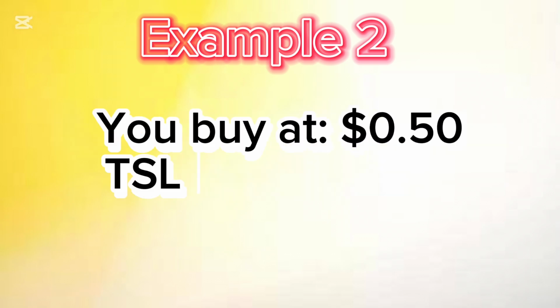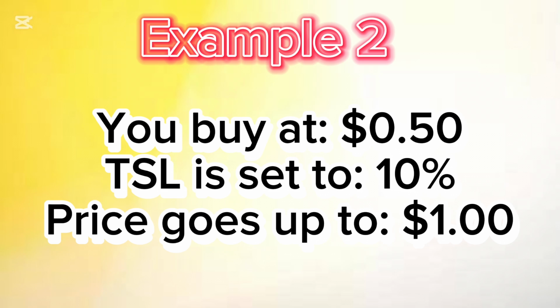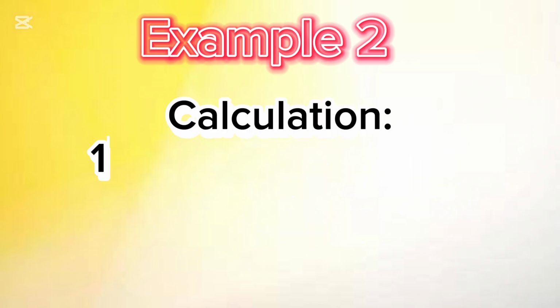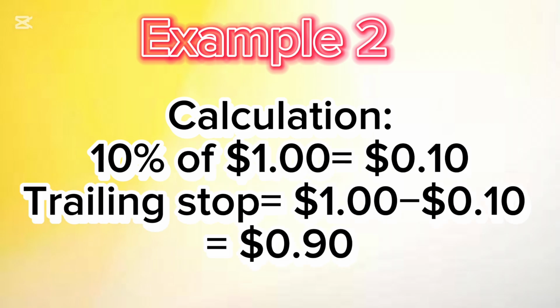You bought a coin at 0.5 USD. The trailing stop loss is set at 10%. The price goes up to $1. So 10% of $1 gives you $0.1. Let me explain something here: you always work with the percentage of the highest price where the coin actually pumped to.